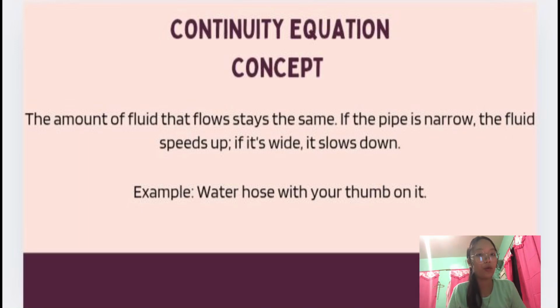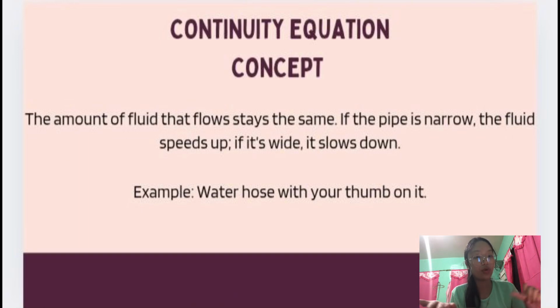So for example, a water hose with your thumb on it. Di ba, sometimes you water the plants or something, and you put your thumb on the hose. And you notice that the flow of water is strong, because you cover the water's path with your thumb, so the path is narrower, that's why the flow of water is strong.